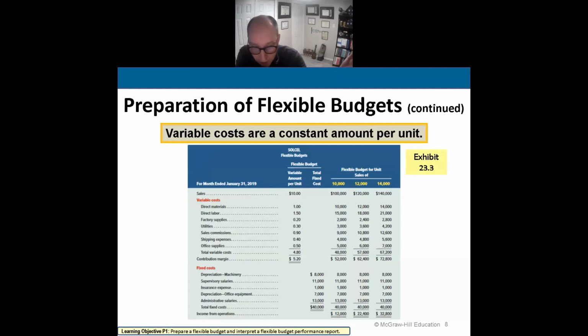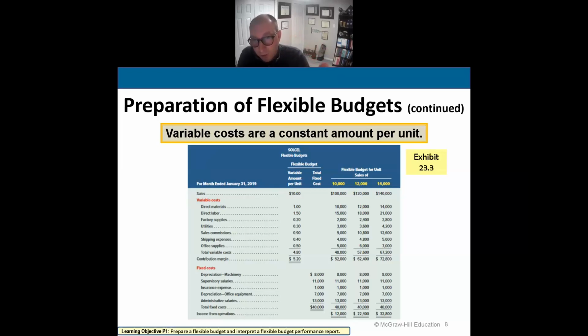That's things like depreciation, supervisor salaries, insurance, depreciation, administrative expenses, utility, not rent. You know what I'm talking about. Those are the fixed costs. They don't change regardless of the level of output. So contribution margin minus your total fixed costs equals your income from operations.